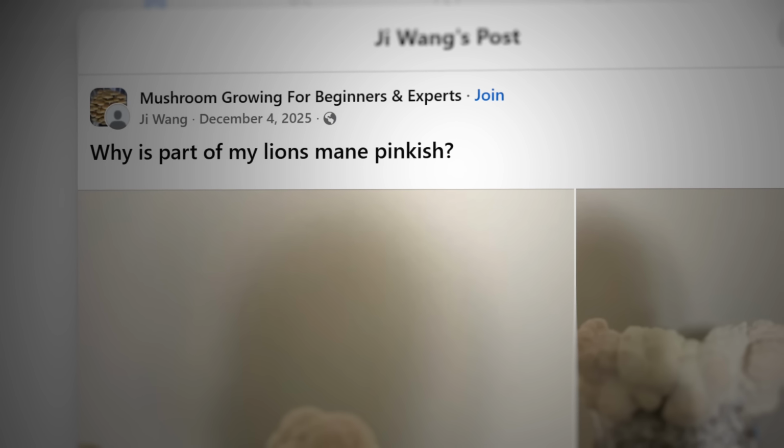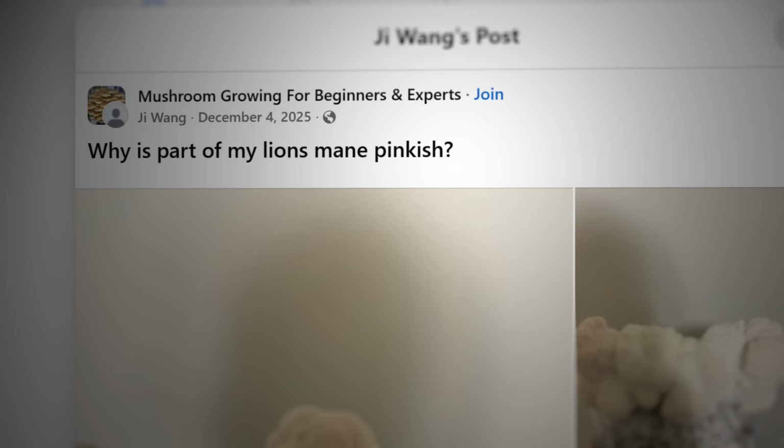So the next question here is a lion's mane question. I've got a question from G Wang: why is part of my lion's mane pink? I get this question every 4 to 6 months, and I believe that it is a genetic question.